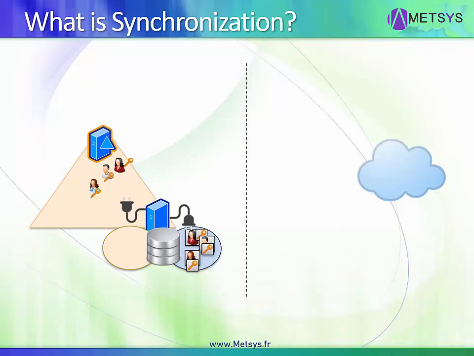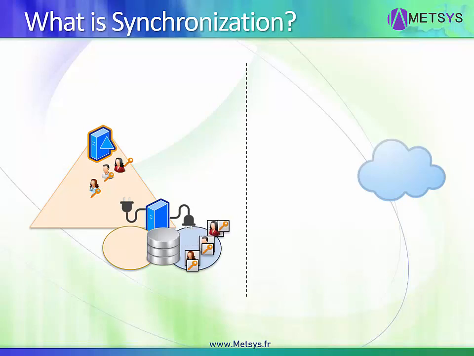The final step to complete the synchronization process from the on-premise environment to Azure Active Directory is to synchronize the identities in the connector space to the real Azure Active Directory.